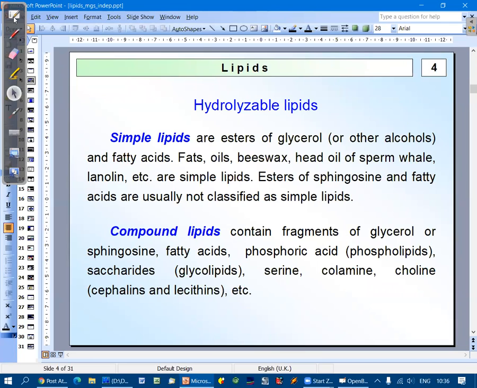It's just an ester of a long chain fatty acid, fatty acids being organic acids that contain a long hydrocarbon chain, and a long chain alcohol. So it will look like this.